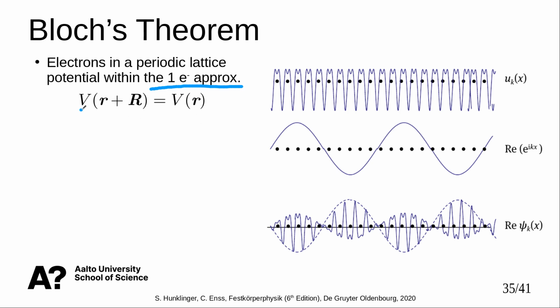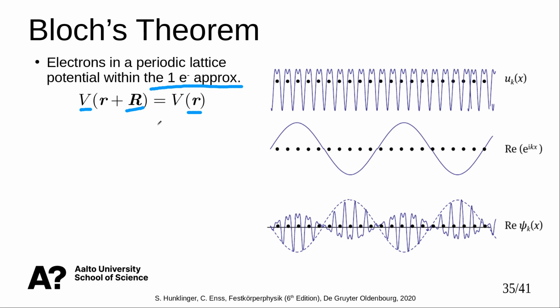So our potential V depends on r, but because it's a periodic potential, V of r plus R equals V of r. So the potential continues periodically.